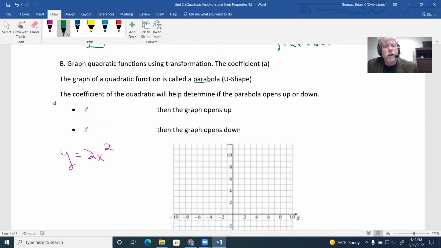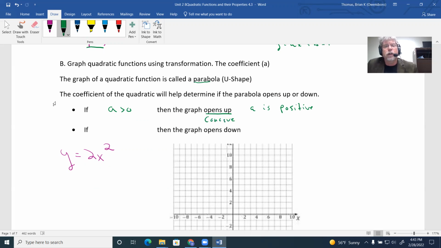So one of the things we're going to talk about is if a is greater than 0, in other words, if a is positive, what's going to happen is the graph is going to be opening up, or sometimes we use this word concave up.